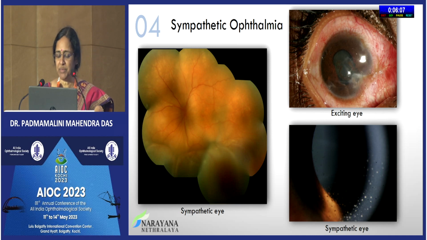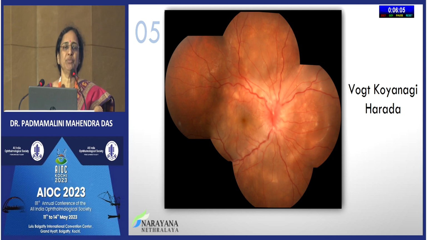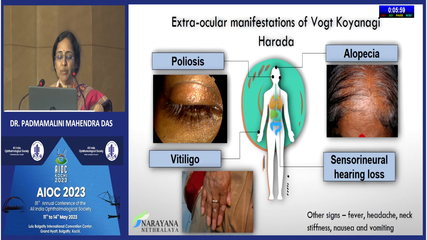systemic immunosuppressive therapy. The next is a case of VKH, where we have bilateral exudative detachment. We make the diagnosis based on the clinical presentation. Extraocular manifestations like alopecia, poliosis, vitiligo, and tinnitus develop later in the course of the disease.